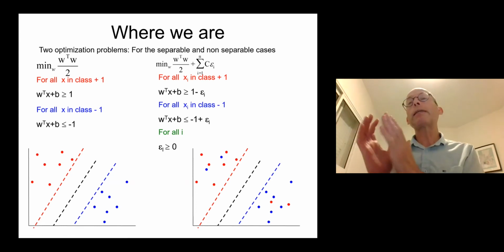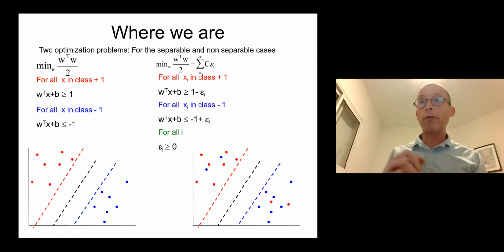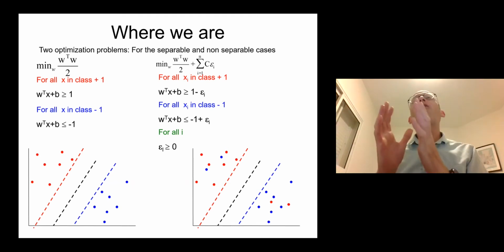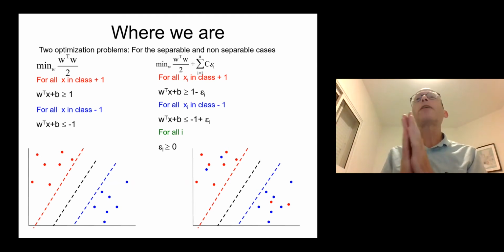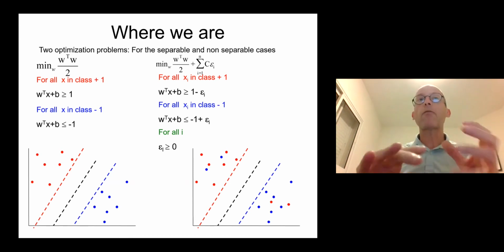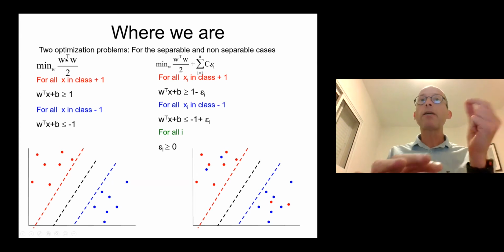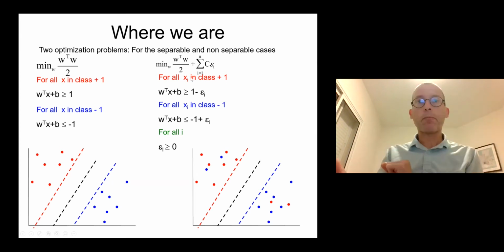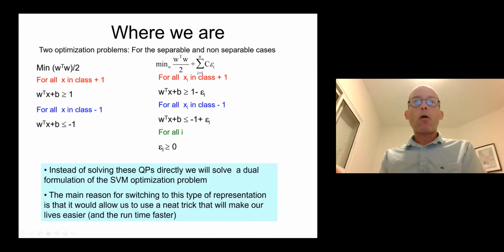And then we will discuss why this might be a useful direction, or where this can help us. But first, let's ignore why we are doing this and just try to do this change in parameterization, basically from parameters in the feature space to parameters in the sample space. Okay, and this will lead to a different optimization problem.